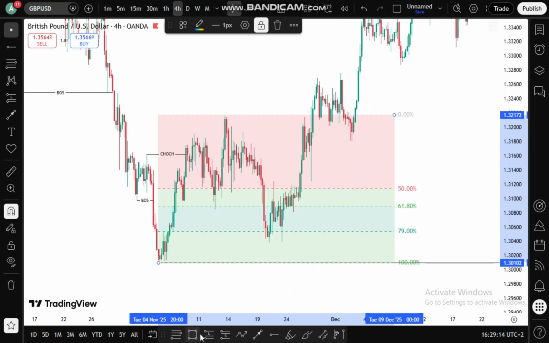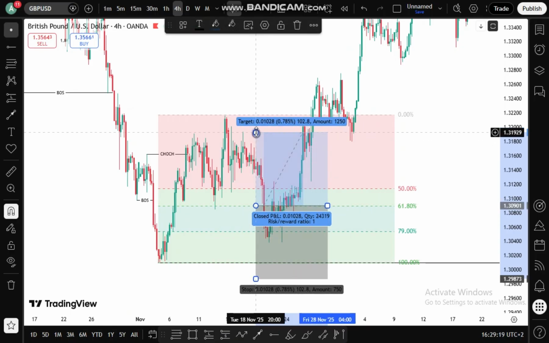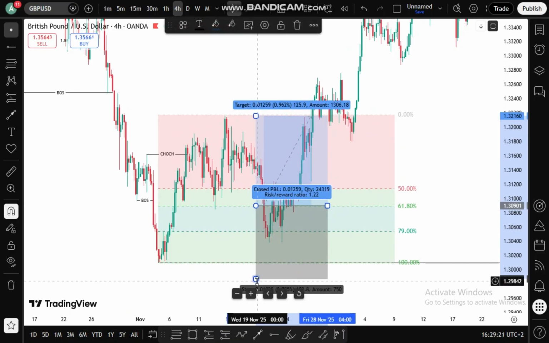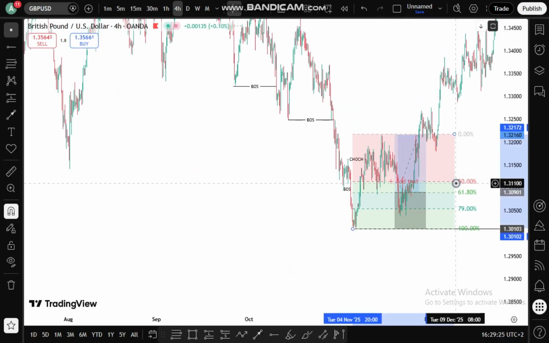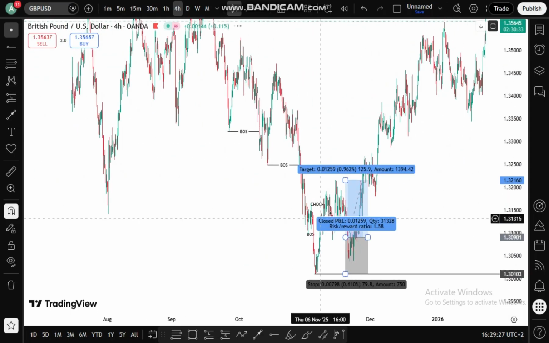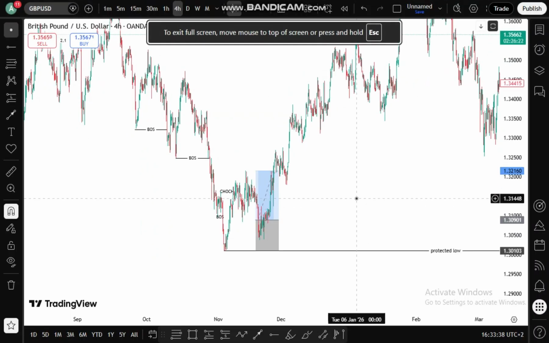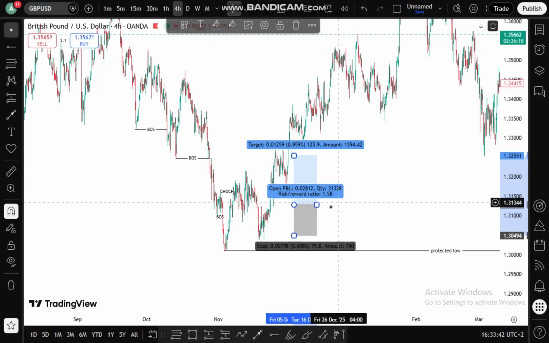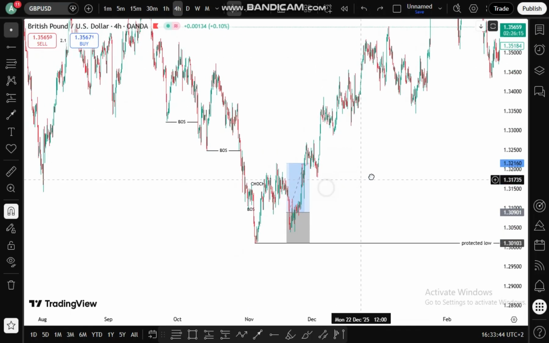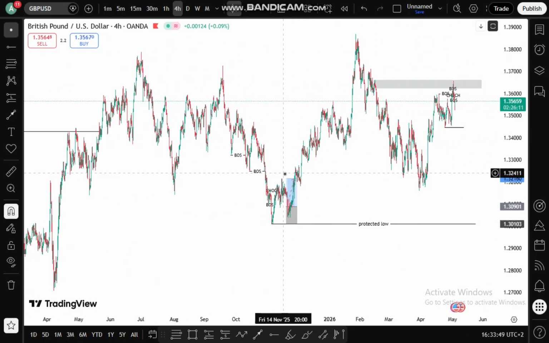So I was going to open my longs here immediately when it touched here, and target here, or even up. As I was saying, guys, this is where I will open my trades, and I will target here, or I can also target here.